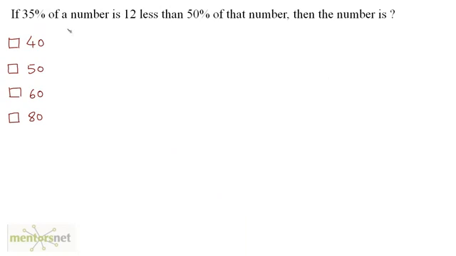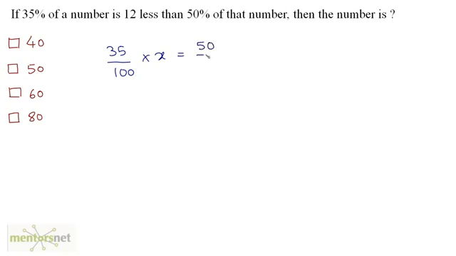If 35% of a number is 12 less than 50% of that number, then this number is? So let this number be x, and we have 35% of this number. So I have 35 upon 100 times x. It is 12 less than 50% of that number, so it is equal to the 50% of that number minus 12.